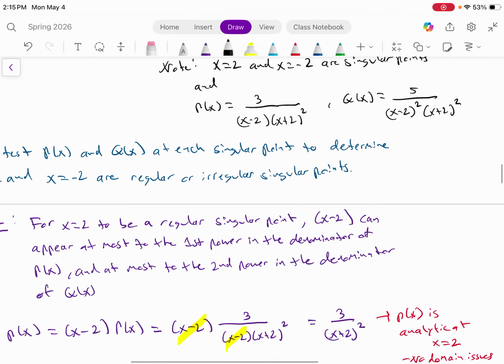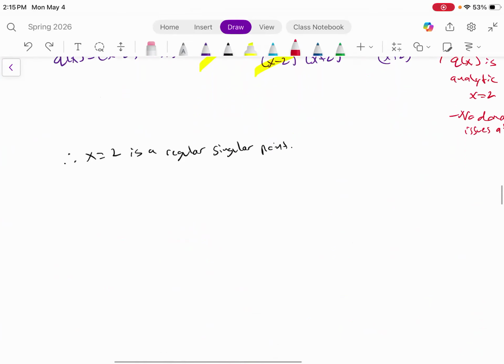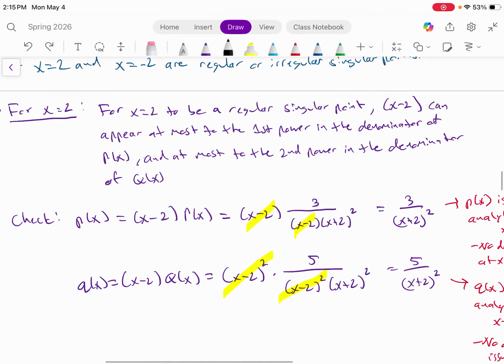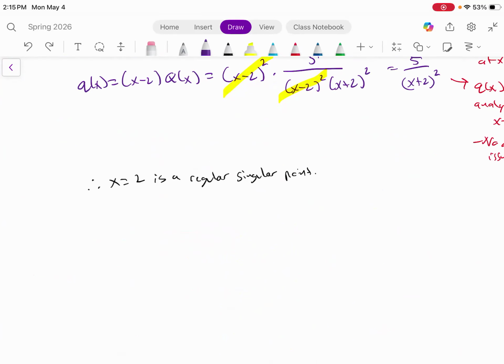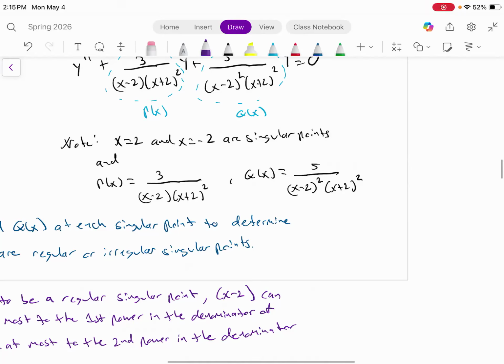We got to check out another. We got to check out x equals negative 2. All right, we still have to see if that's regular, irregular. Let's try it out. So for x equals negative 2, what I can see already for p of x and q of x is that x equals negative 2 provides an expression x plus 2.